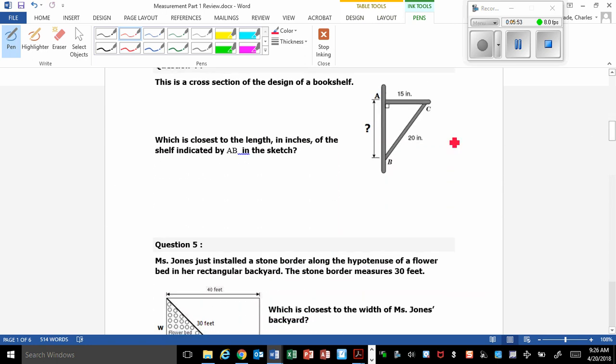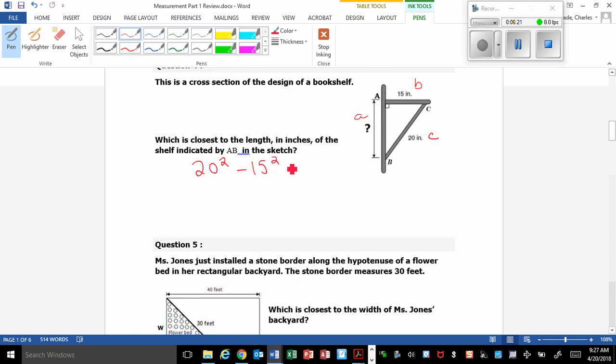All right, number 4. So we've got from here to here, which is 20, and this is the hypotenuse. So this is going to be C, and we're looking for either A or, in this case, B. So we're going to subtract again: 20 squared minus 15 squared.